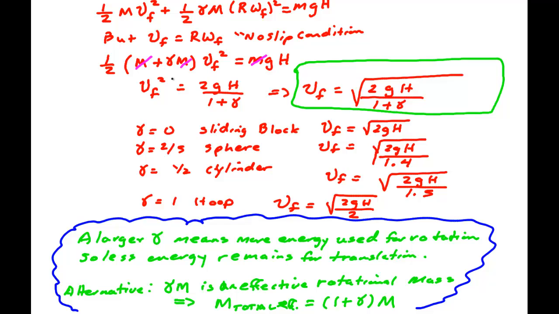And the bigger the total m, the less you have in terms of v squared to have the same kinetic energy. So if you have a fixed amount of kinetic energy and you raise the m, the v has to go down correspondingly. Either way, the bigger the gamma, the slower the speed, and the slower the object will be getting down the incline. So the hoop finishes last. A sliding block, had we had one, would have in fact finished first.